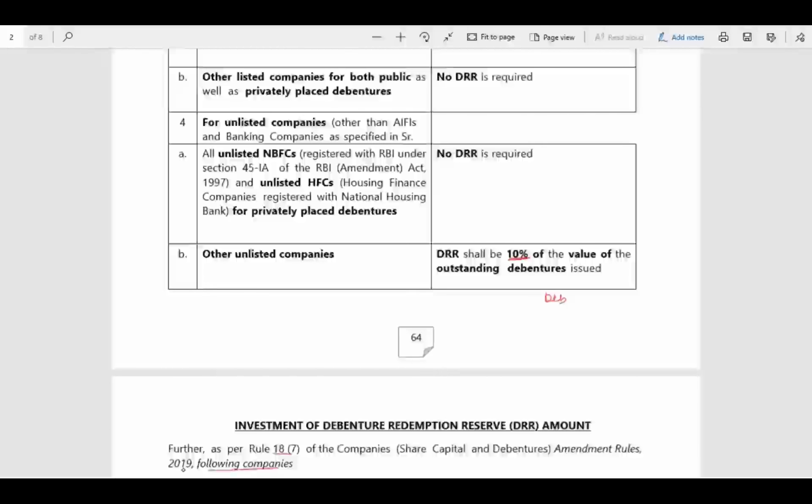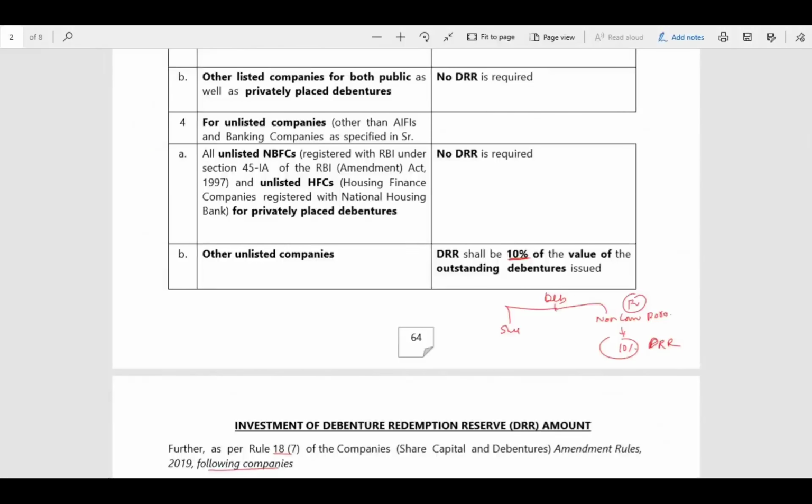But here, I have issued debentures with a fourth option, conversion into shares. Suppose it is not complete conversion, only partly convertible into shares, so this is the convertible portion and this is the non-convertible portion. Only for the non-convertible portion, whatever the face value is, for that only the 10% DRR I am supposed to create.